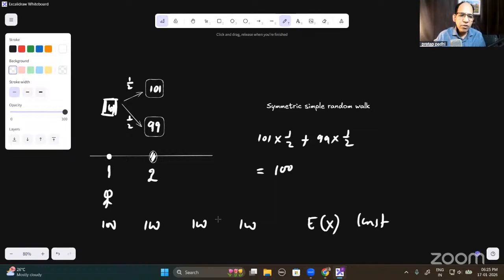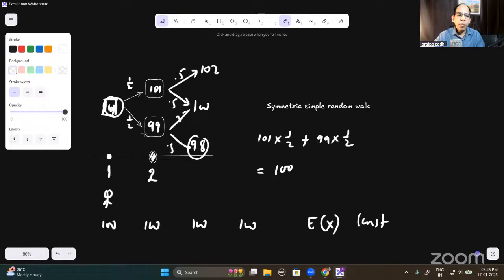Now you can check here also. It could be 98, 100. And here also there is a probability, 100, 101. If you win, you go to 102. Here there is a probability of 0.5, here 0.5, here 0.5. So when you come through all the probabilities 0.5, 0.5, it is 0.25 multiplied by 98, 0.25 multiplied by 100 and so on.